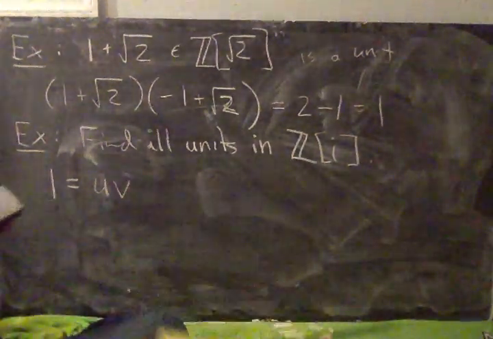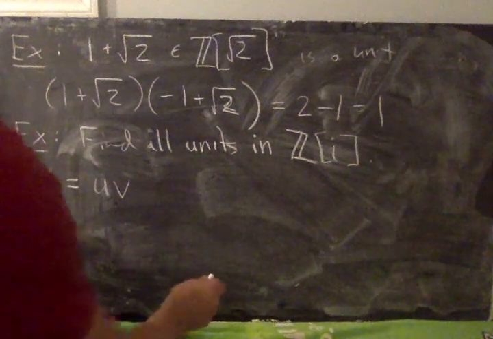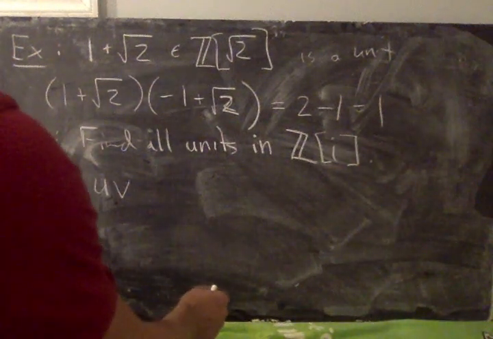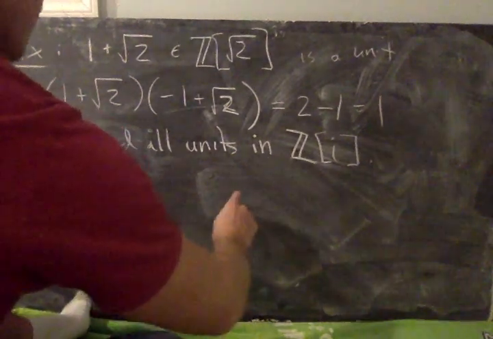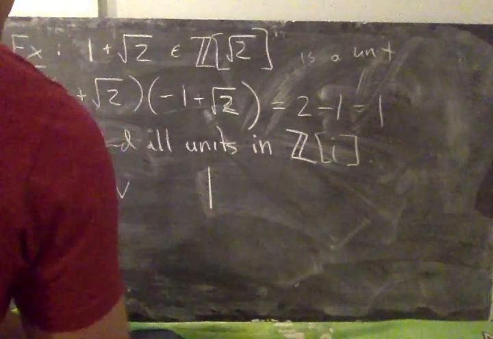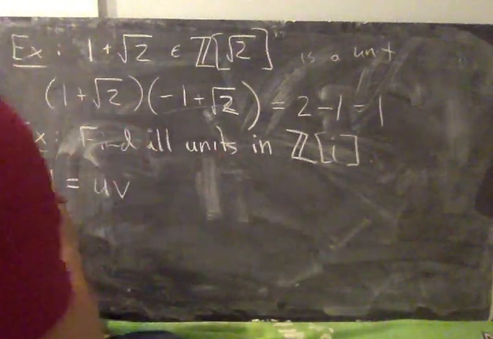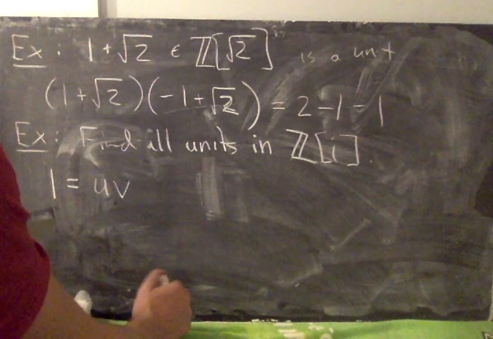One very convenient and ubiquitous way to do this is to use the norm in the complex numbers, or the norm squared. Let me remind you, we've talked about this before, maybe in the group section.